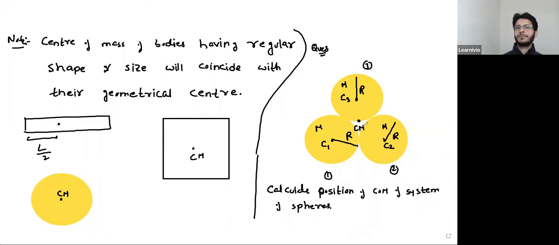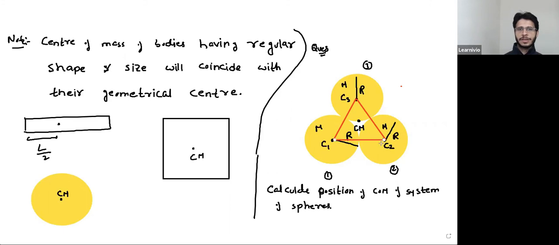To calculate that common center of mass, we'll use the same method. Once you replace these spheres by point masses, they behave like point masses. You have 3 point masses.